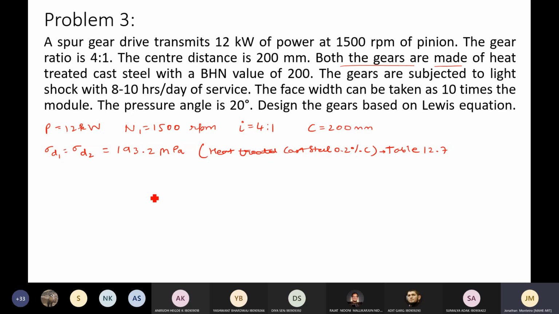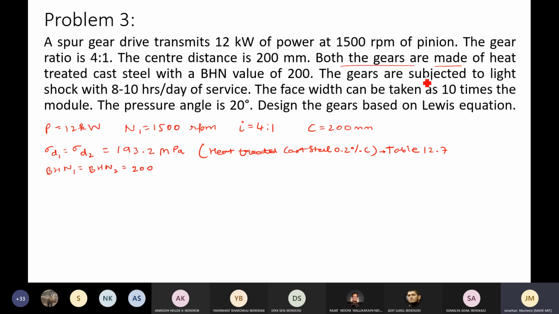With this value in mind, this is a special case where both are made of same material, then finding out which is the weaker one becomes a little bit easier. BHN value for both, so I can say BHN1 equal to BHN2 equal to 200.